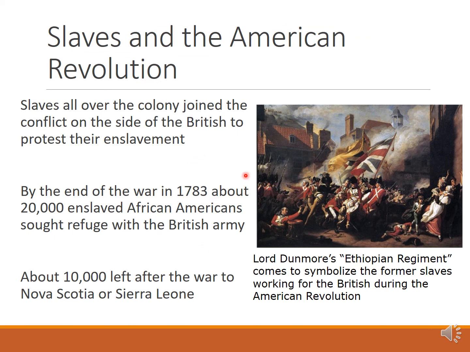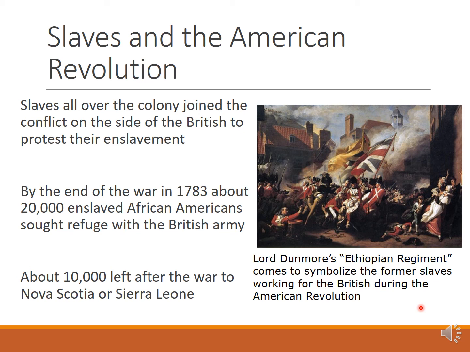So, one of the first things that happens at the onset of the American Revolution is that there is a question about the slaves in the American colonies. And the British realized very early on that they could use the slave population that existed in the American colonies to their advantage.